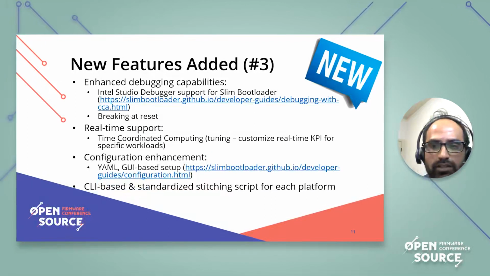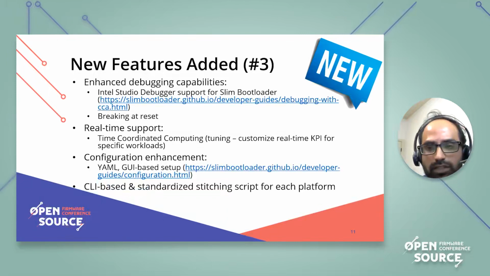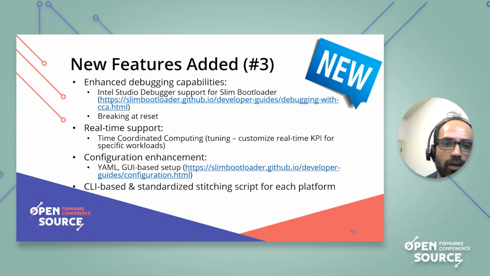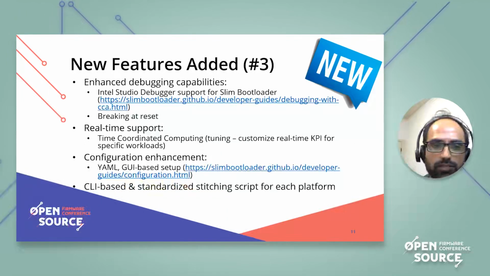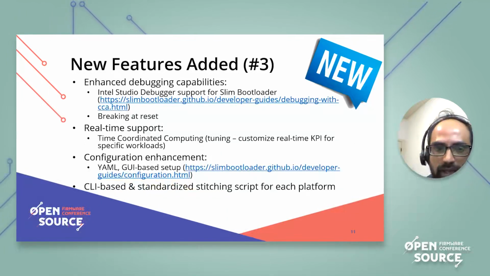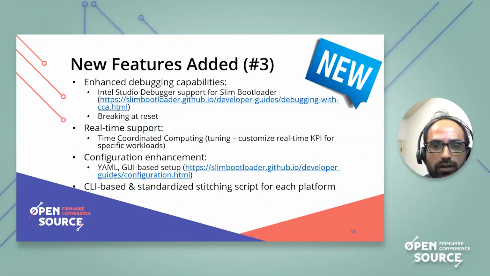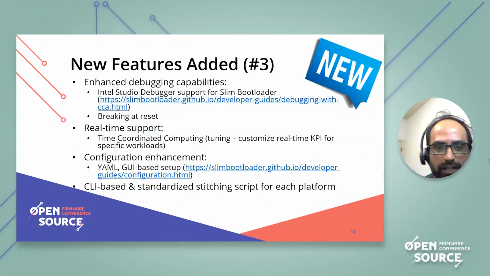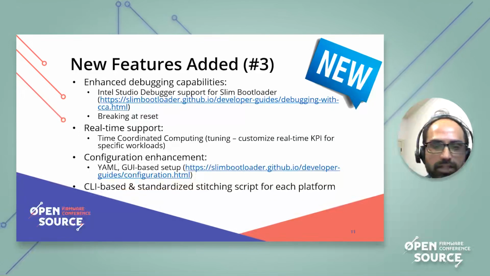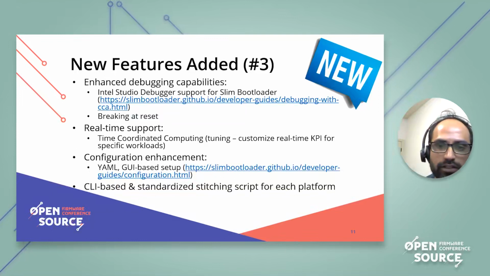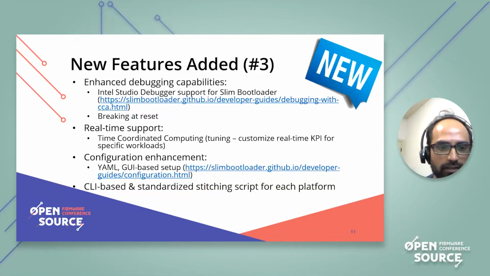So how is the tuning, how is the customization done and communicated back to the silicon initialization code so that it could boot in a different way and give us a better KPI, is how the firmware update is done for these TCC related binary blobs. And we shall see in the next slide how we can do this effectively using the Slim Bootloader containers.